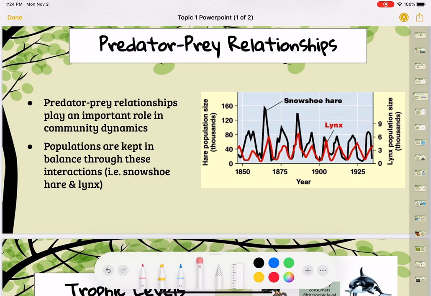So that's a predator-prey relationship, and that's a great dynamic relationship inside of a community. We might not even know that any of this is going on, but biologists are studying the populations of many different species, plants and animals, and we can definitely see these relationships, which is pretty cool. At least I think so.